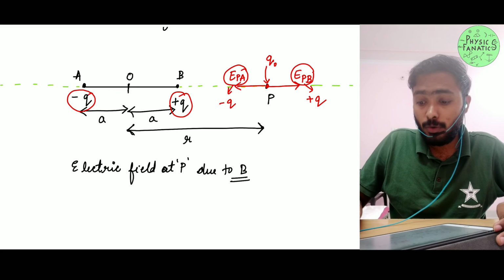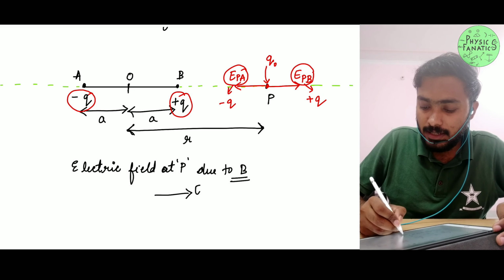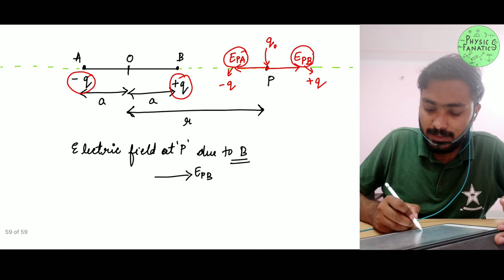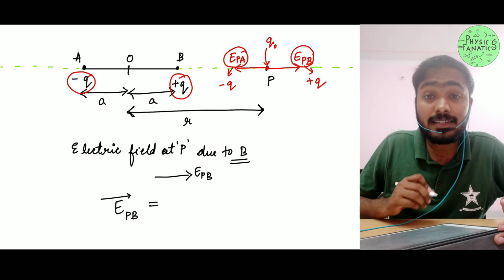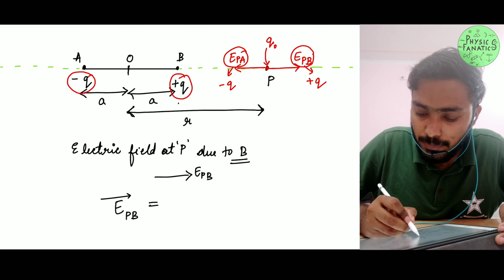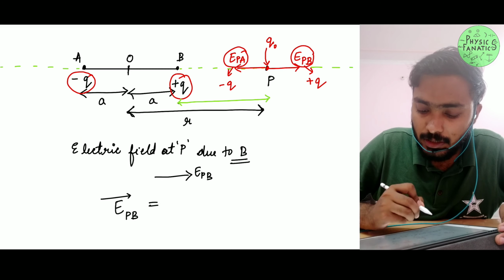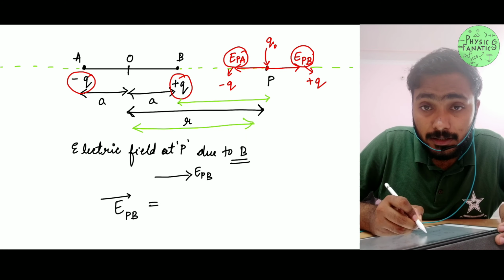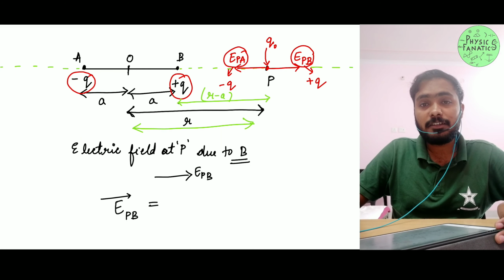So due to B, what is going to happen? The electric field is, you can see, in that direction and it is EPB, right? So I can very nicely write the electric field at P due to B. It's a vector quantity and it is given by, you can see the distance between B and P, which is R minus A. I hope that is understandable.